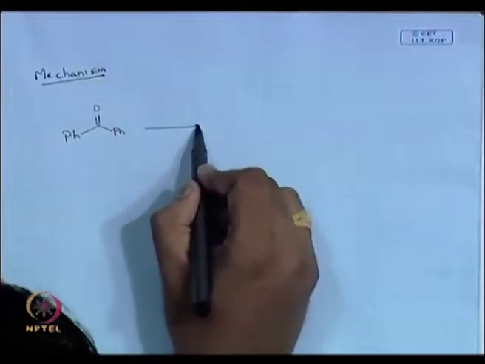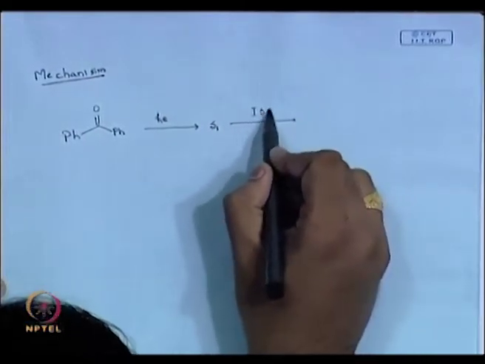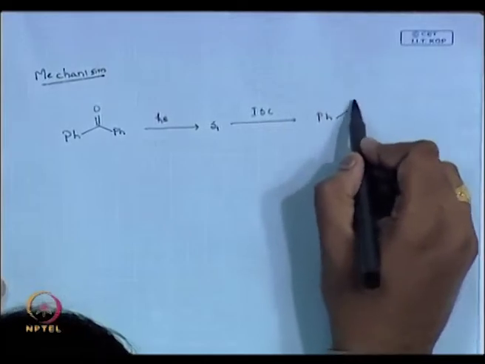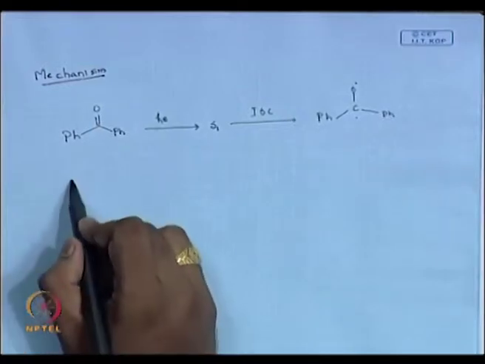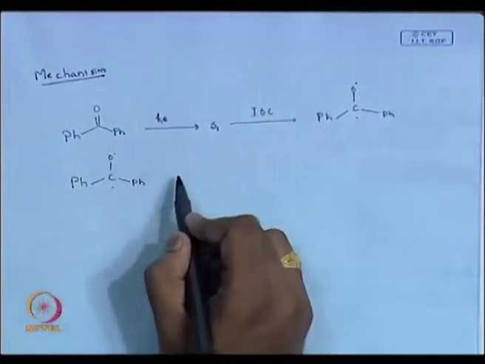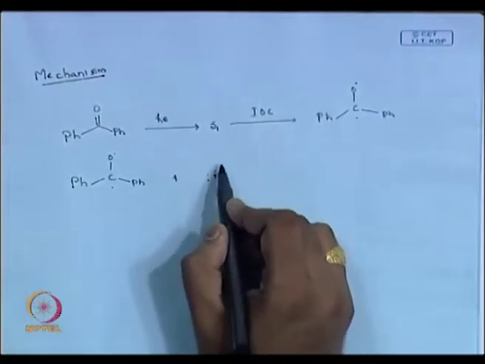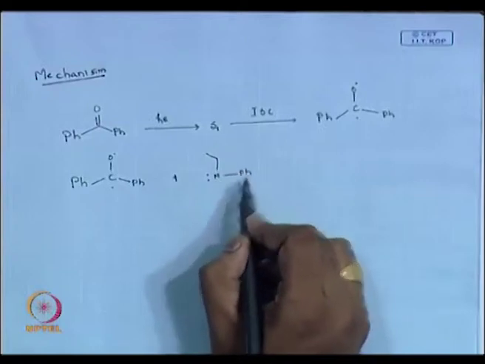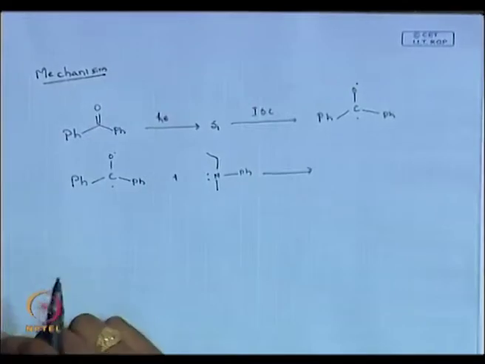I have benzophenone. You know all the steps, because now you are familiar with this. So, now we have a step like this. Okay. We have studied in the model of alkoxy radical what an alkoxy radical can do in a model example.